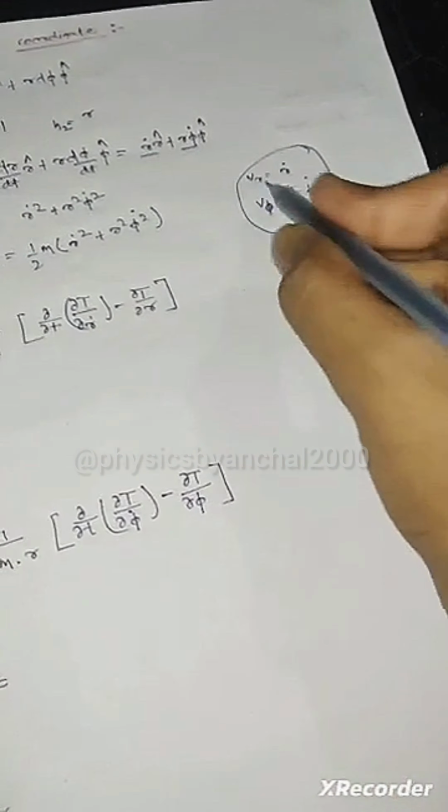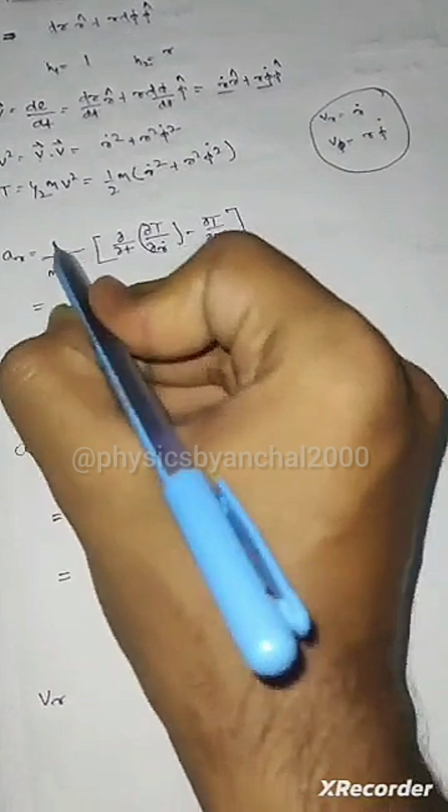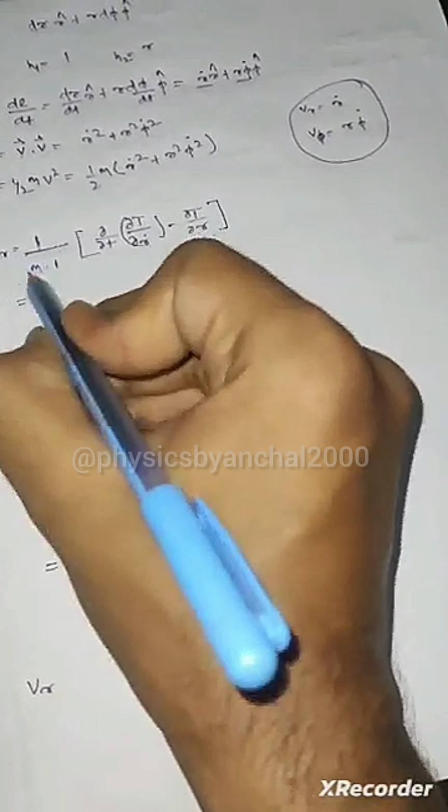Here you saw the velocity components. Now the acceleration components. By the formula I discussed before, the radial component will be 1 by m into h1.